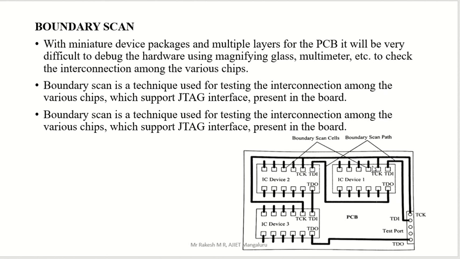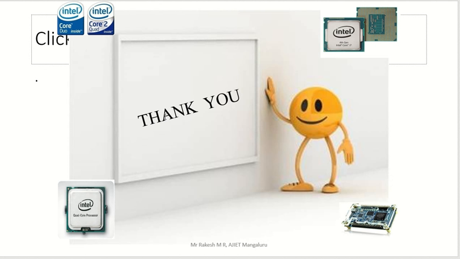Is that proper? Is any component missing? For small devices, we are using a new technique called boundary scan. Till now we have seen boundary scan and the magnifying glass, some of the debugging tools.